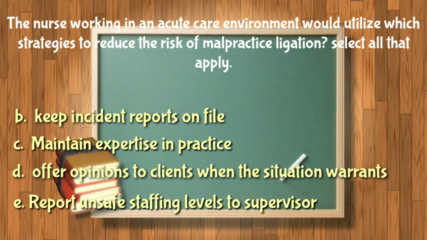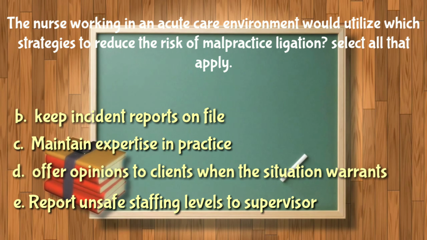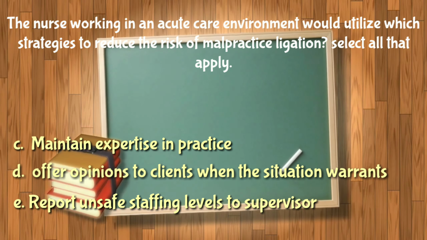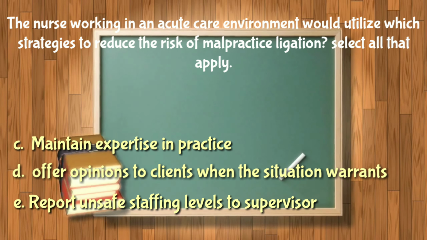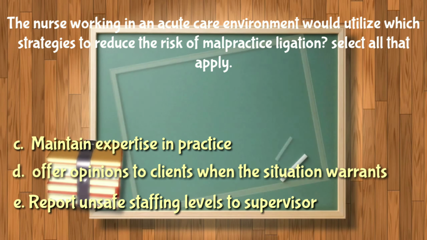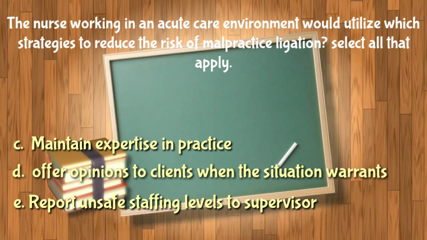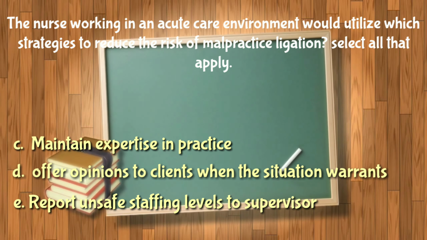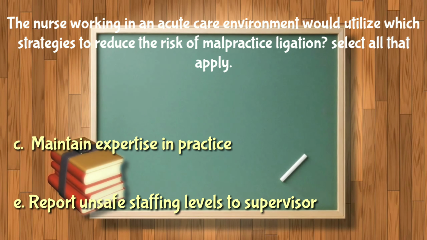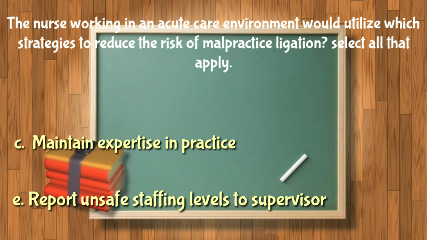Also, incident reports are filed with agency but do not decrease the risk of malpractice litigation, so let's eliminate letter B. The nurse should not offer opinions at any time as this is not part of therapeutic communication. That's why letter D is eliminated. And you are left with letter C and letter E, which is the correct answer.